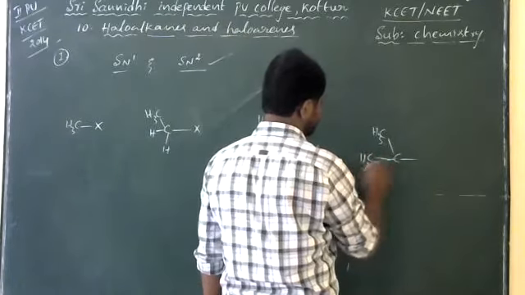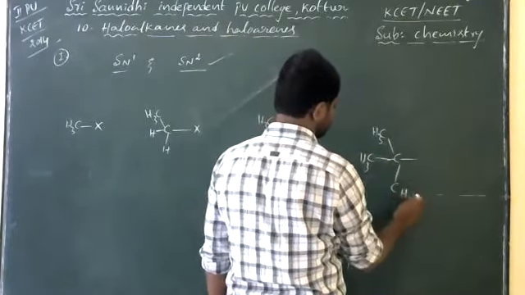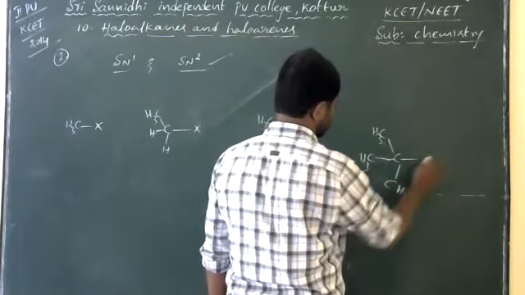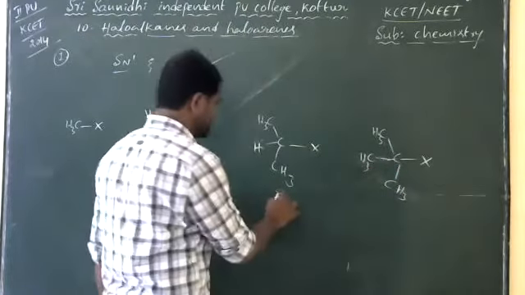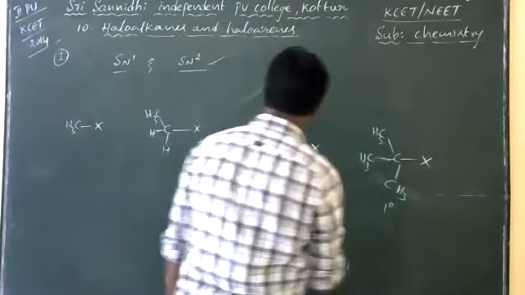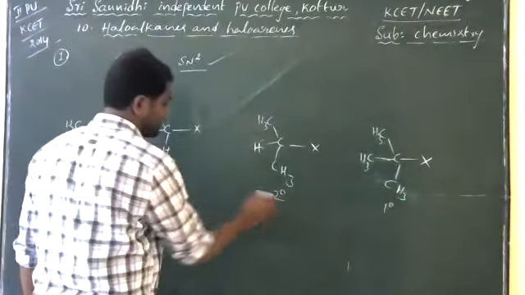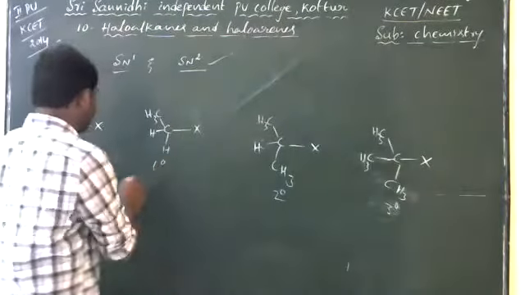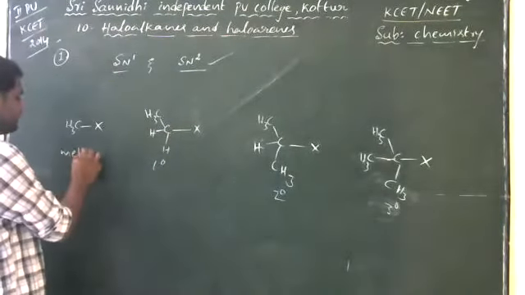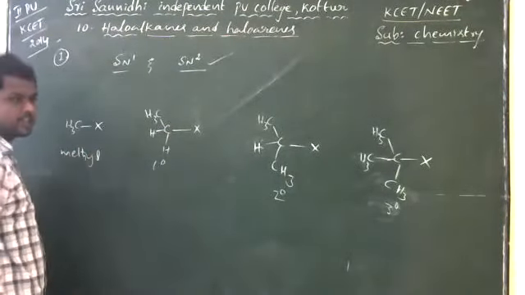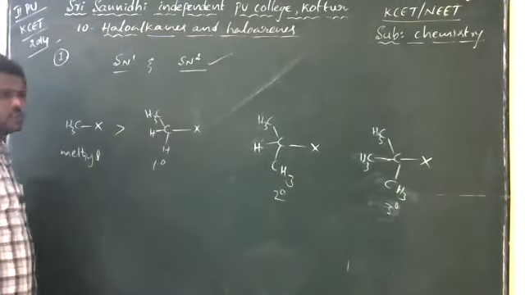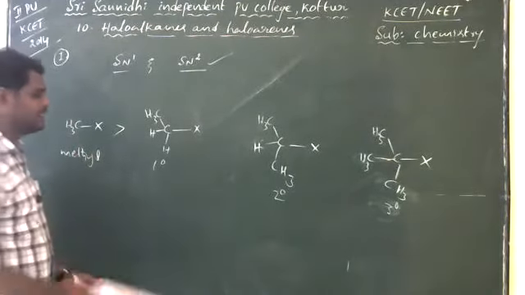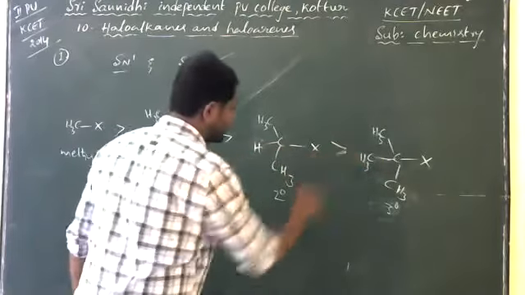This is the tertiary, this is the secondary, this is the primary, and this is methyl halide. The SN2 mechanism is more favorable for methyl halide than primary, than secondary, than tertiary.